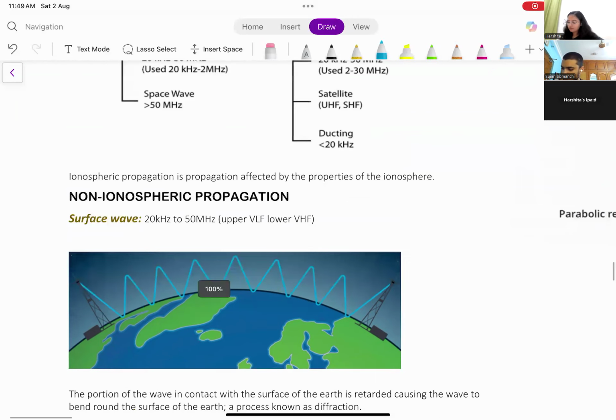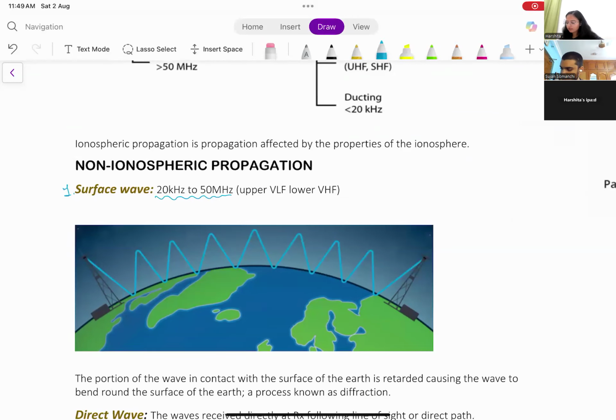What frequency will we be using for surface waves? It is 20 kilohertz to 50 megahertz. For the ground propagation, to send the wave from one place to the other, what kind of frequency are we using? 20 kilohertz to 50 megahertz. Correct? Now, 20 kilohertz lies in which place?